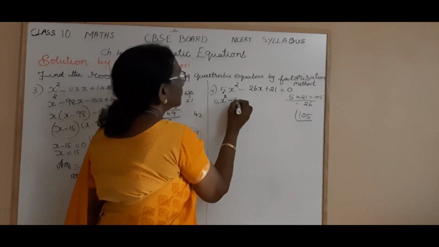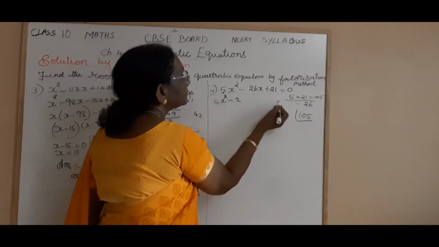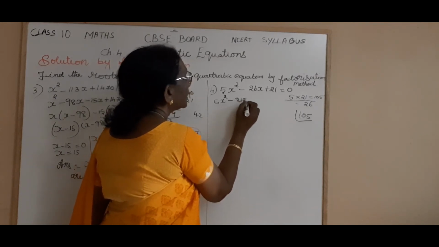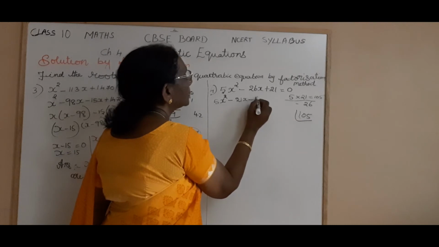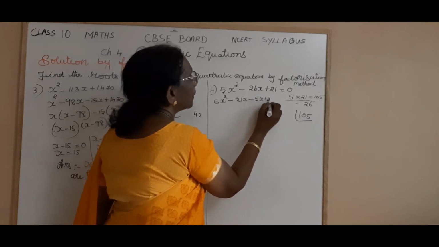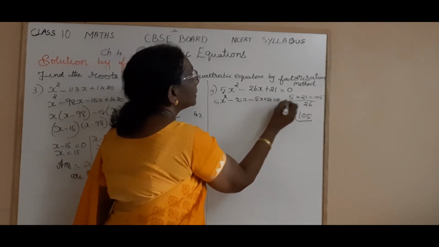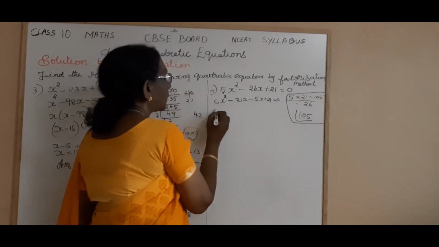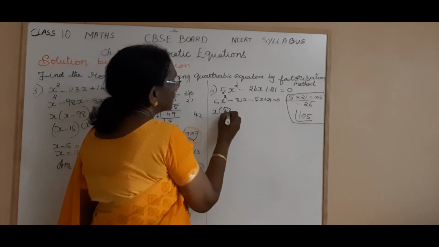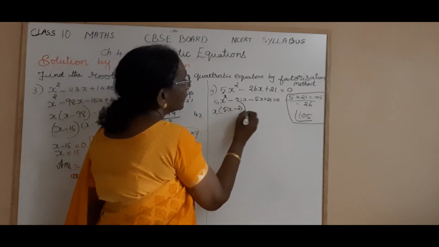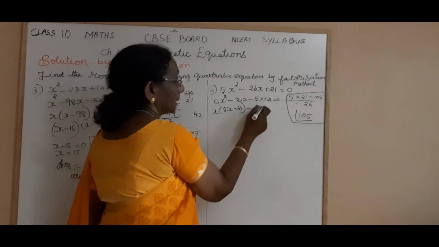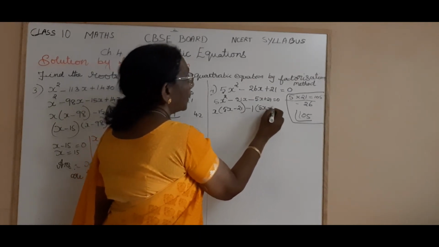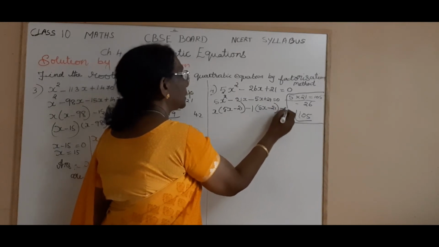So 5x squared minus 21x minus 5x plus 21 equals 0. So x is common, 5x minus 21, minus, here nothing is common, so 1 is common, 5x minus 21 equals 0.